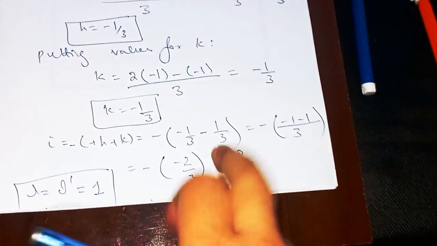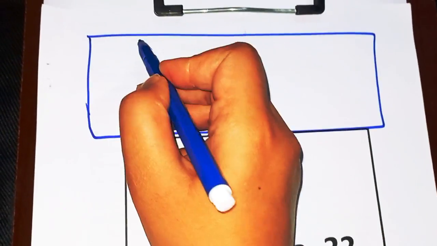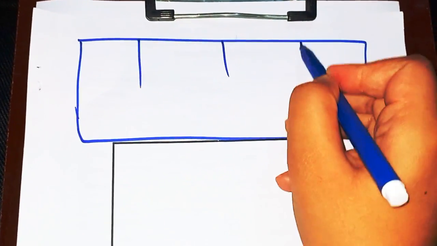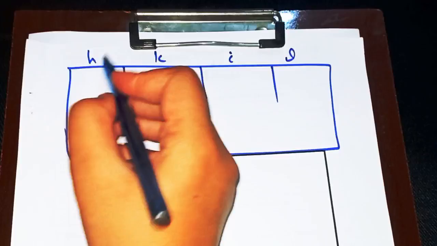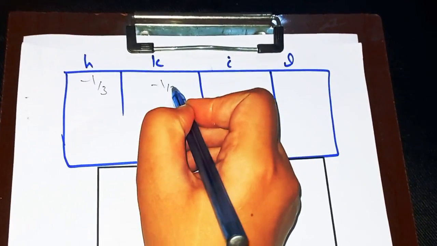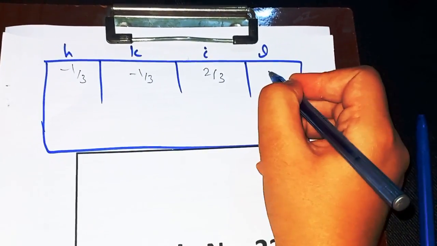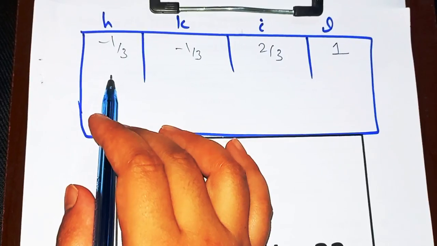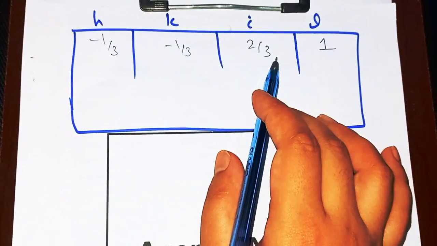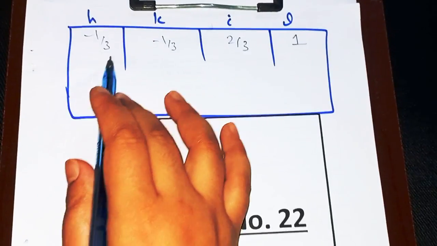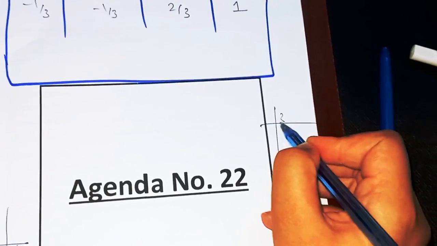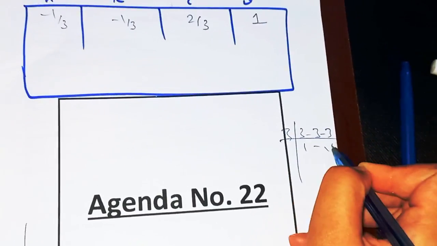You can see here. So let's draw the table and remove the fractions. h, k, i, l, and we have -1 by 3, -1 by 3, 2 by 3, and 1 in here. We can see again we have 3 as the denominator, so multiplying with the LCM of the denominators, which is 3 simply.